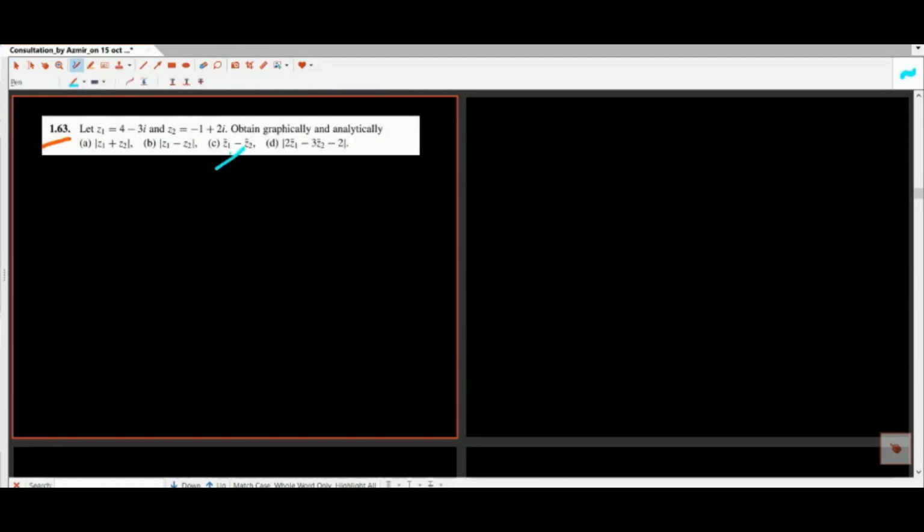Let us solve C. You can see that we have Z1 bar, Z2 bar. Besides all the definitions, we need to know another definition, that is, what is Z bar of Z?